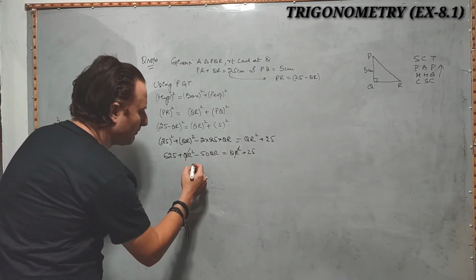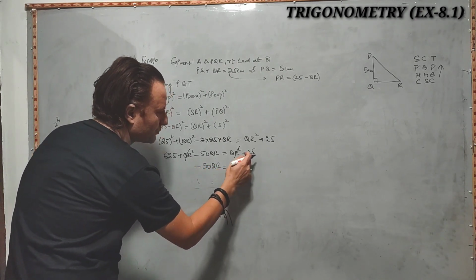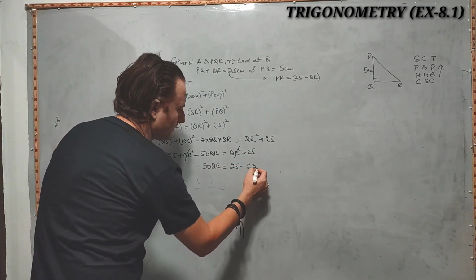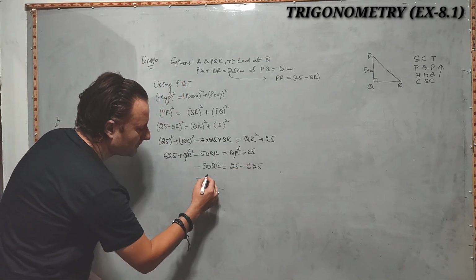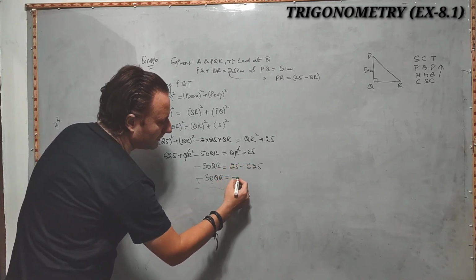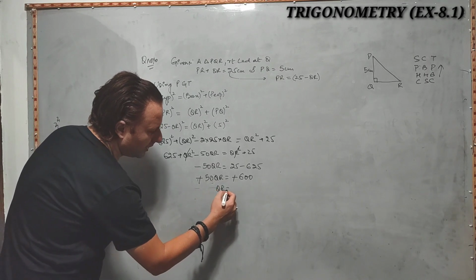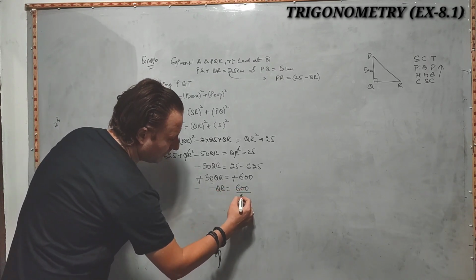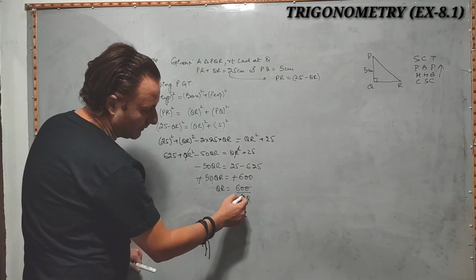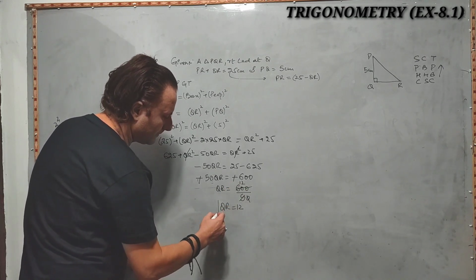Now I have minus 50 QR equals to 25, and this positive 625 goes that side, becomes negative 625. Now minus 50 QR, 625 minus 25 is minus 600. I'll take this and this off. QR is equal to 600 upon 50. So this 0 and 0 goes, 5 12s. So I have QR equals to 12.